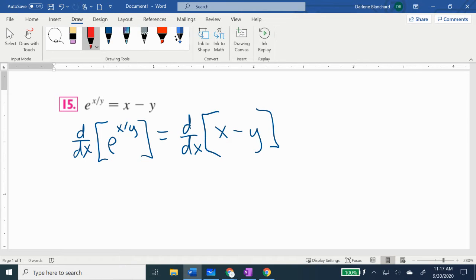As I take the derivative of the left side, I want to see that I have e to the power of something. So I need to chain rule this, and x over y is my baby function. Derivative of e to the bleh is e to the bleh. Give mommy her baby, multiply by the derivative of that baby.